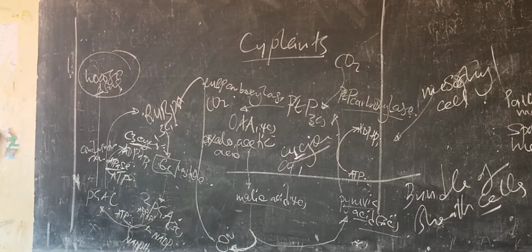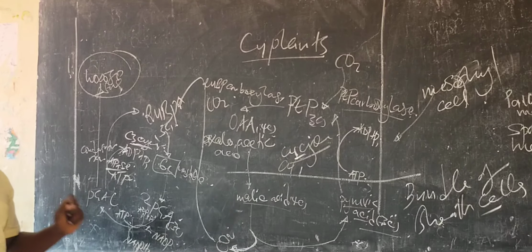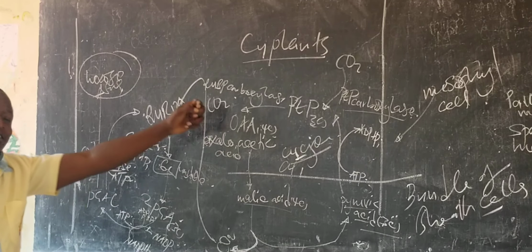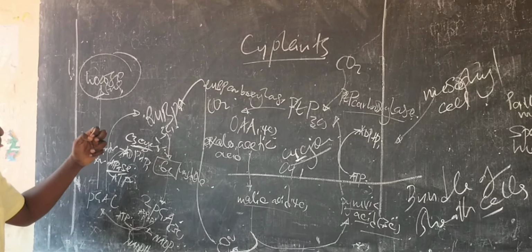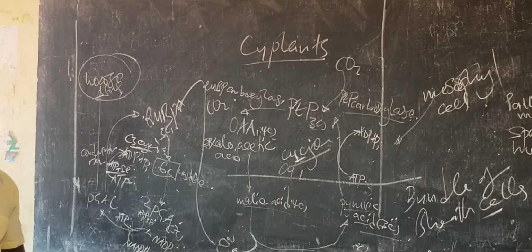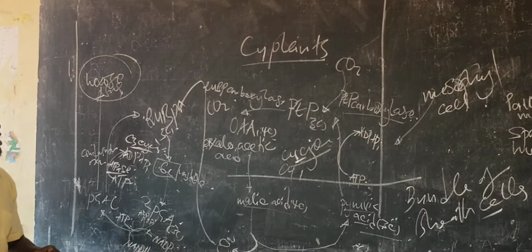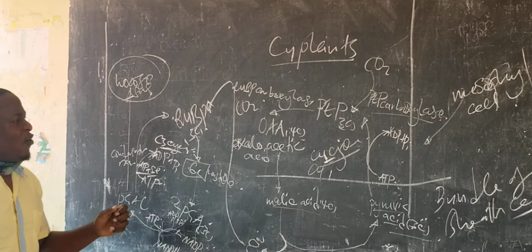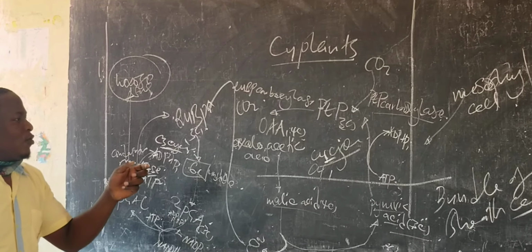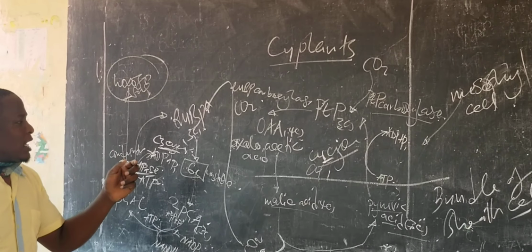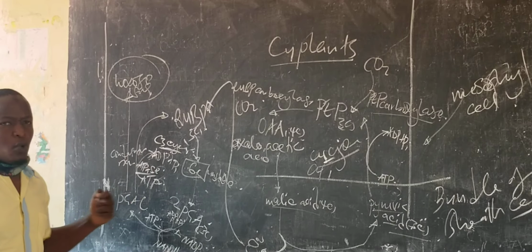So if they happen to ask you to give the differences between the C3 cycle and the C4 cycle, don't you say that in the C4 cycle carbon dioxide is fixed twice.